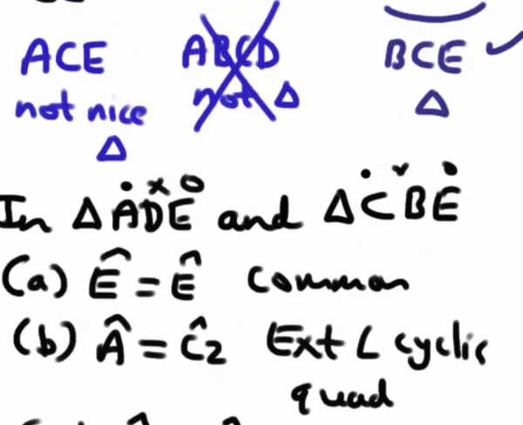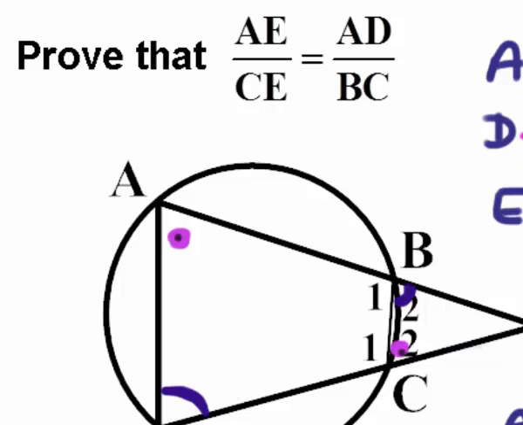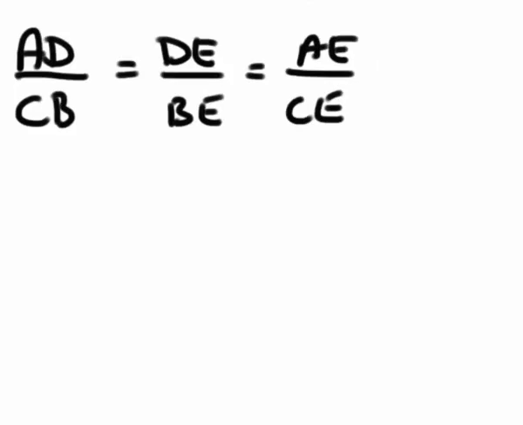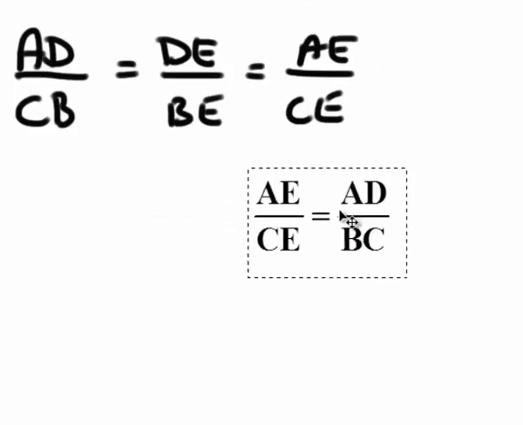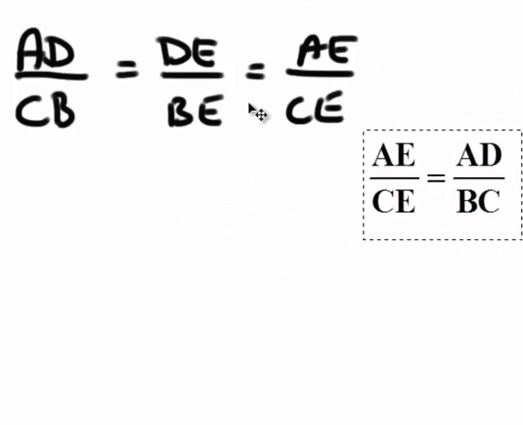But now let's have a look at what we've got to prove. We have to prove that AE over CE is AD over BC. So let's copy that and bring it down. Now we've got to use this to prove that. Well, pretty easy.